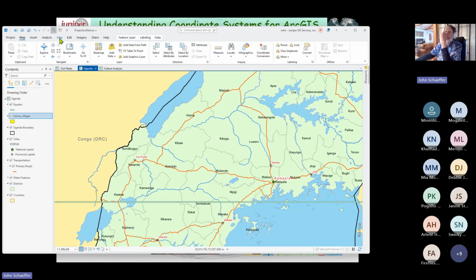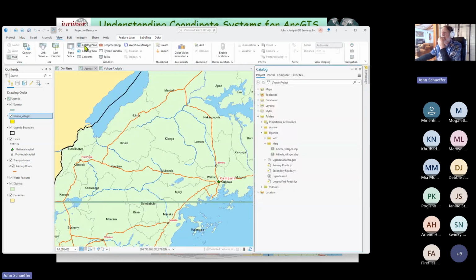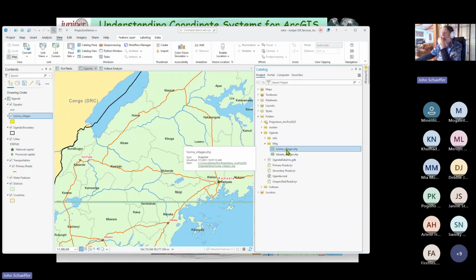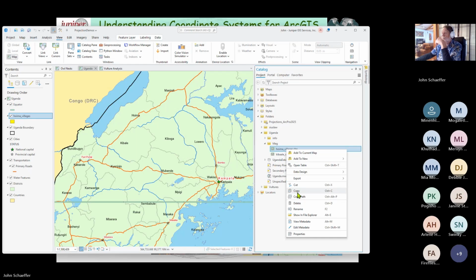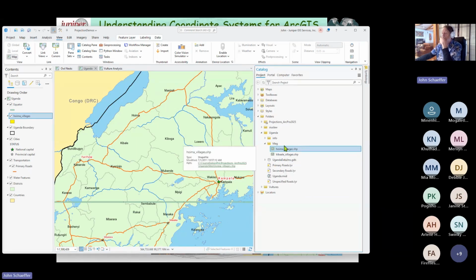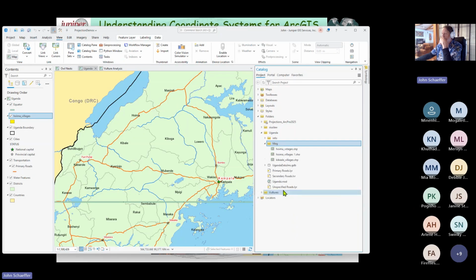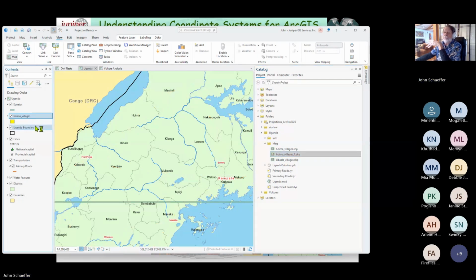I want to go to view, catalog pane, go to Meg, and make a copy of my Hoima villages. Then we'll right click, paste. Okay. And I'm going to work with Hoima villages 1. I'll just drag this into my map.